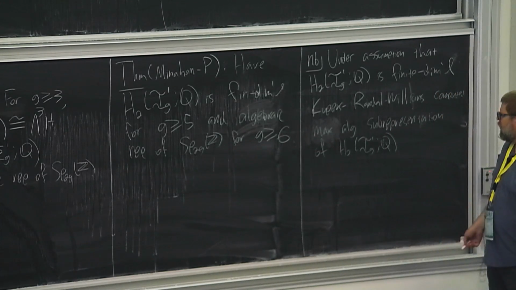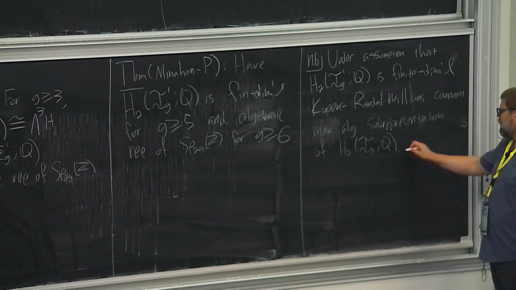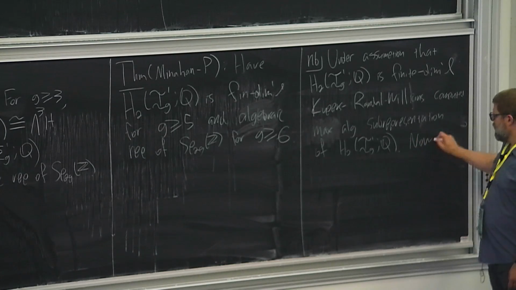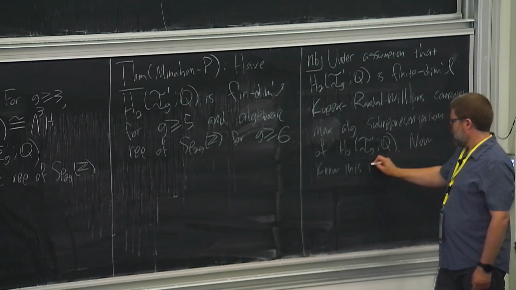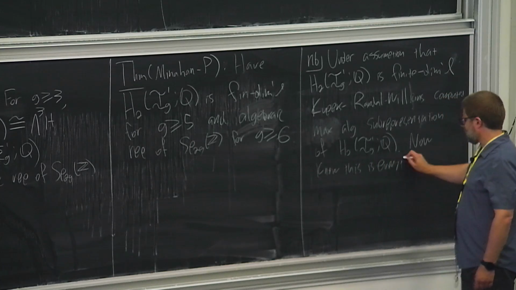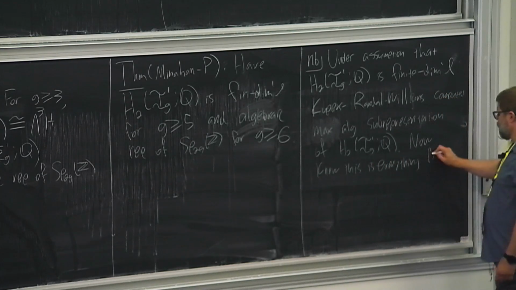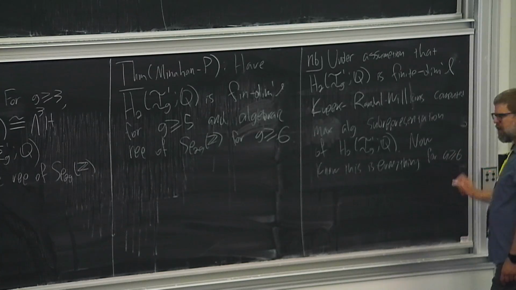And so with our theorem, we now know this is everything for g greater than or equal to 6. And they give it pretty explicitly.